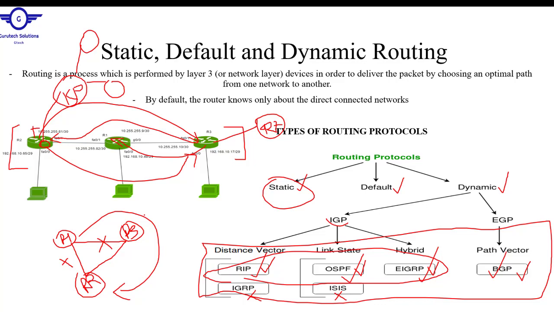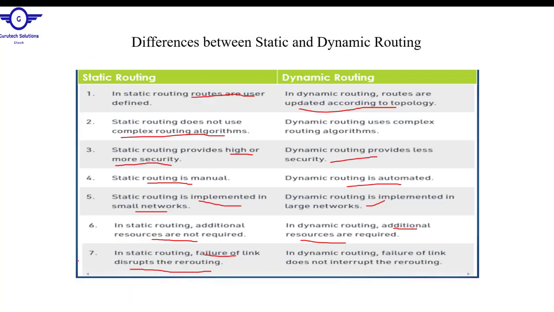That's what we mean by the disadvantage of static routing. The routing will fail. And what if you are implementing a dynamic routing protocol? It will just realize that the main link has failed, and use the backup. So that's a disadvantage of static routing and the advantage of dynamic routing.